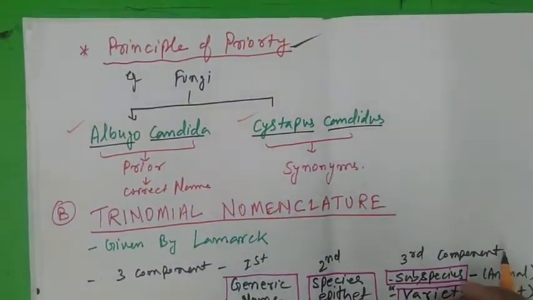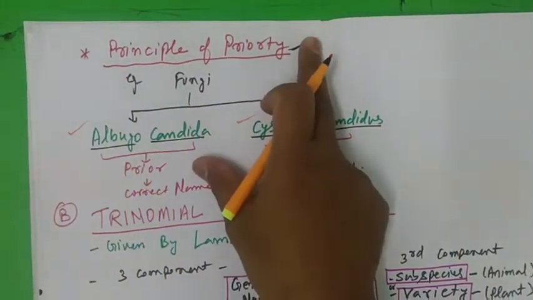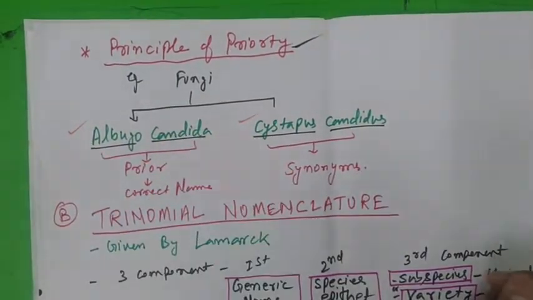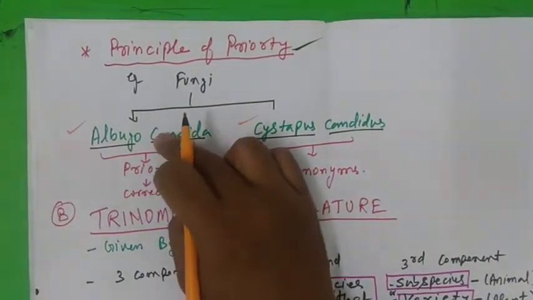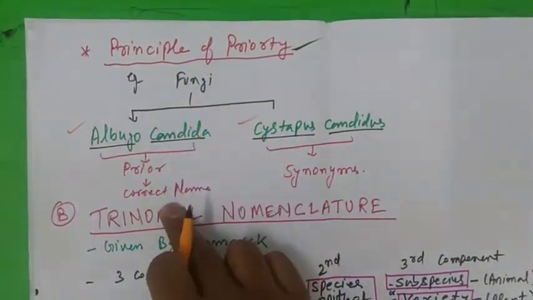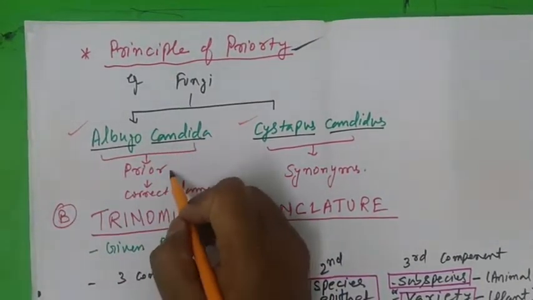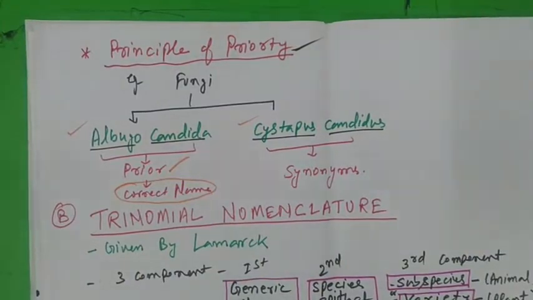What is this? The rule or principle of priorities says that between these 2 names, the one which is given priority is considered the correct name. तो इसमें जो Albigo candida है, this is given priority, that's why it is selected as the correct name.